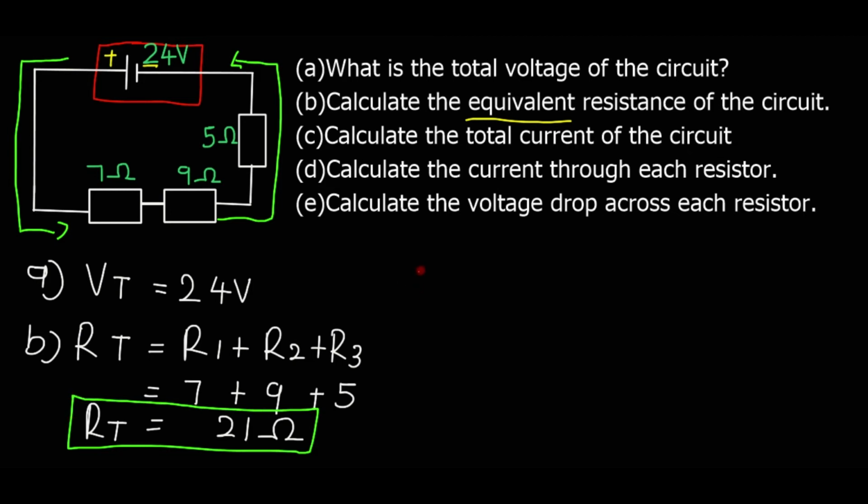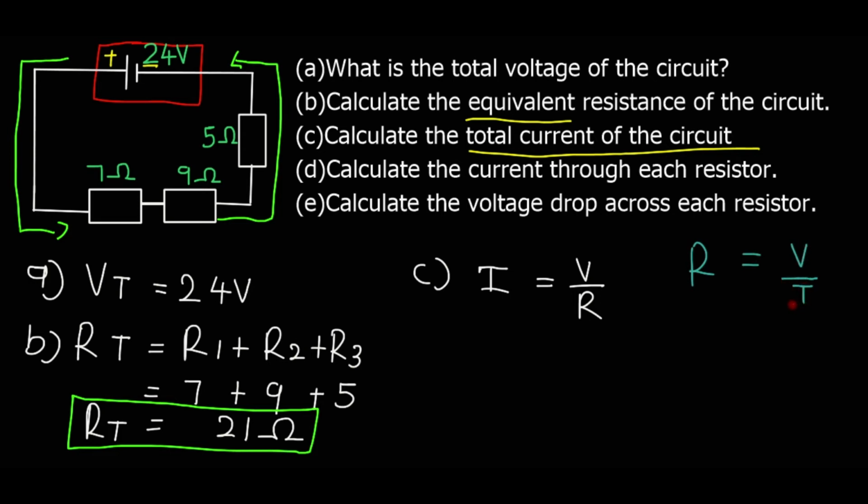And then part C, calculate the total current of the circuit. We will use this formula: I is equal to V over R. It was from this formula, R is equal to V over I, which defines resistance. Therefore, we make I the subject of the formula.